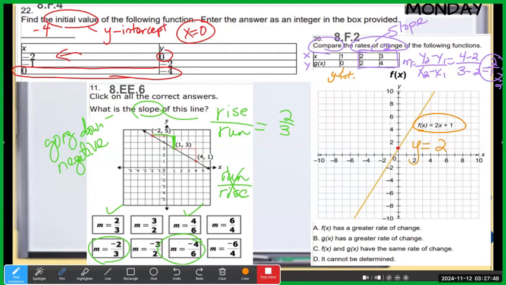What are the parts of it? M stands for slope, B stands for y-intercept. Some of the papers need to look just like that. You need to have that equation over there showing this is the part of this and the part of that.